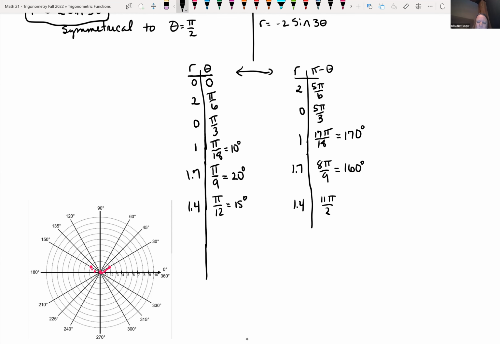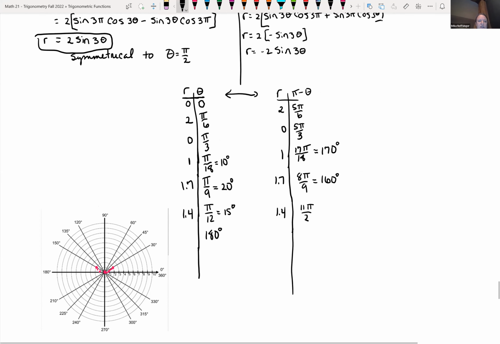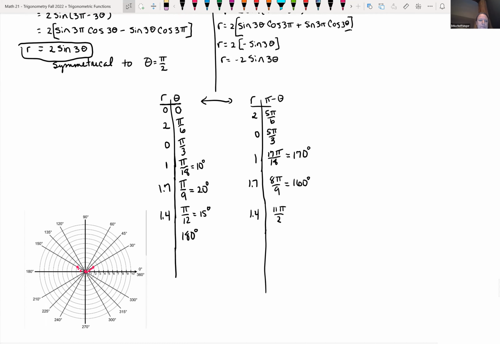Okay, so let's plot some more points. What if theta was 180 degrees? Not 240, I don't know why I said 240.